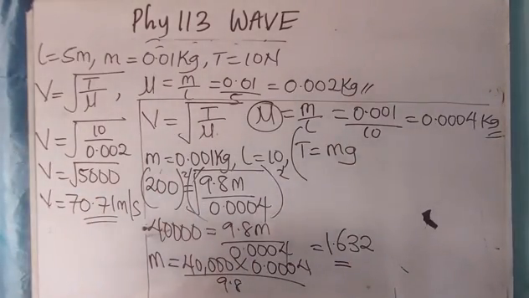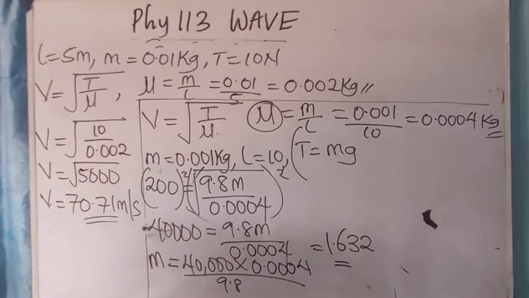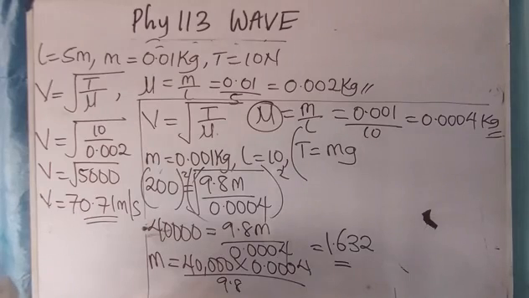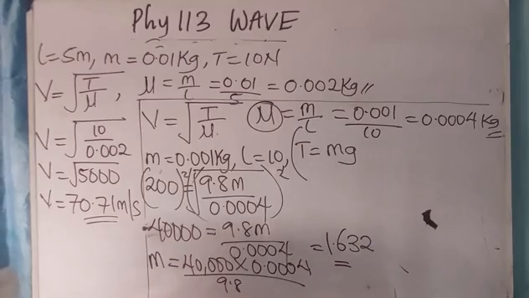So I think we have got to the answer. Okay, 16 divided by 10 plus... Where is the question again? We got 0.0004. How? Let me go through it again, please.